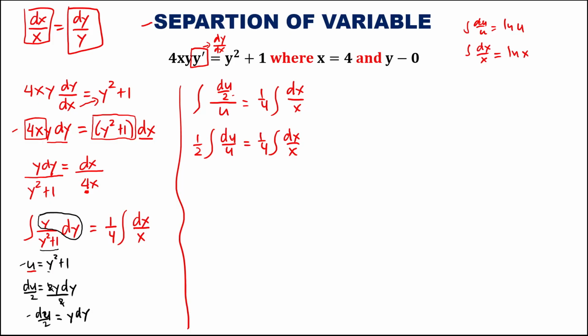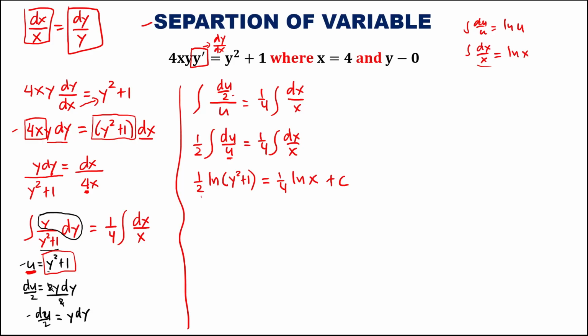So for this term, to evaluate the integral, this is 1/2, then ln u, and u is equal to y squared plus 1, then equals 1 over 4, then ln x for the integral of dx over x, then plus c.